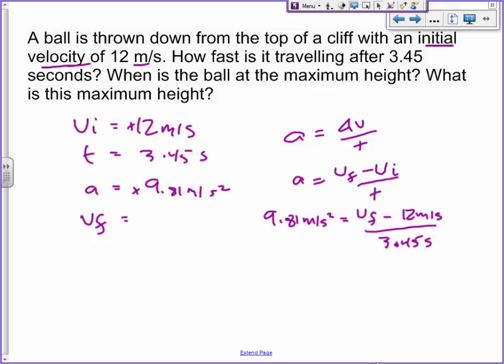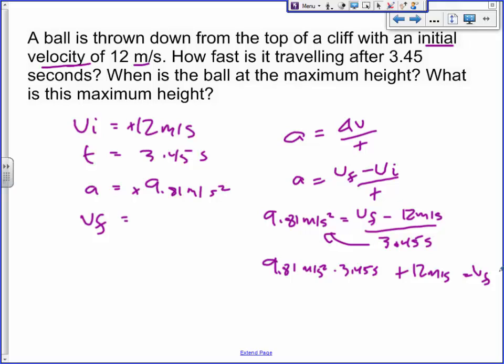What do you have to do first? Yeah, you have to multiply by the 3.45 first, and then add 12. Swing that guy up there, times those together. I'll just write it out like this, 9.81 meters per second squared times the 3.45 seconds. And then you'll have to add 12 to both sides to get your final velocity.